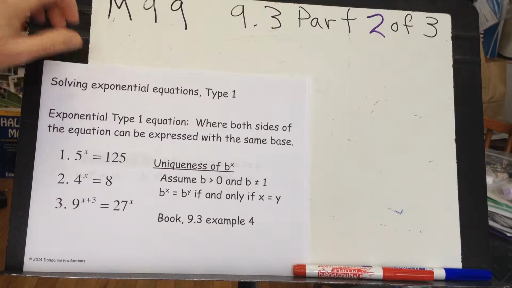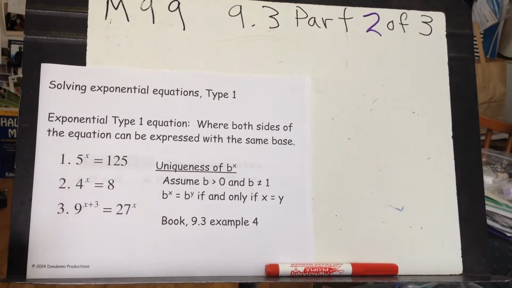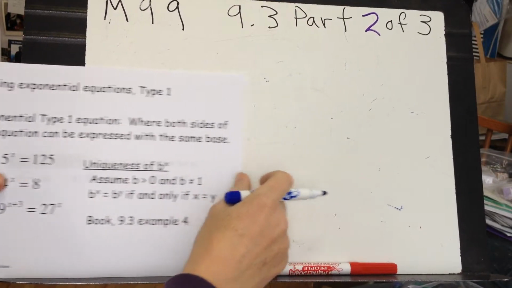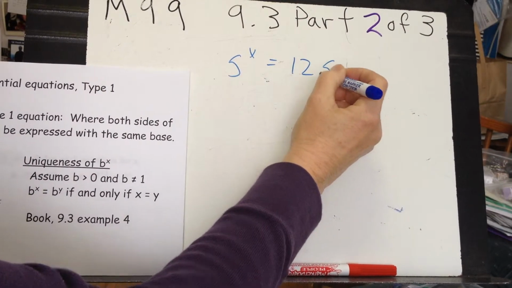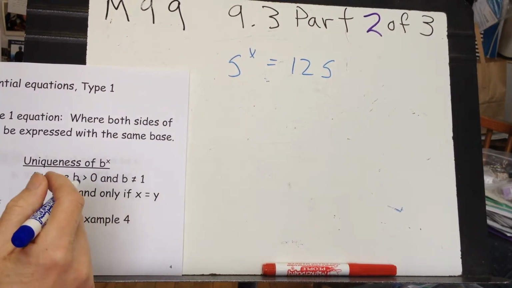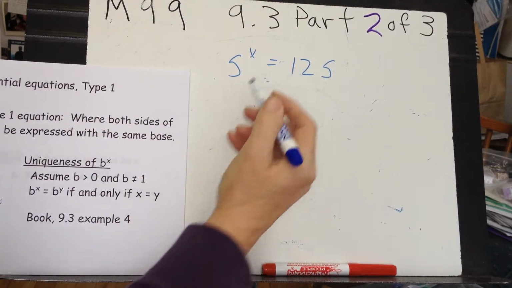So if I have this problem right here, 5 raised to the x is equal to 125. What I want to do is find a base that I can express both sides with.